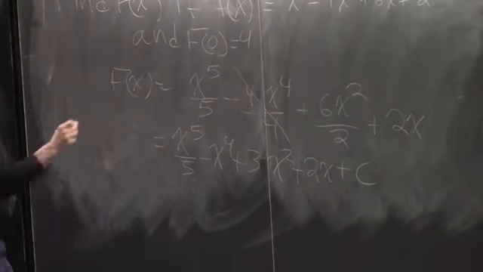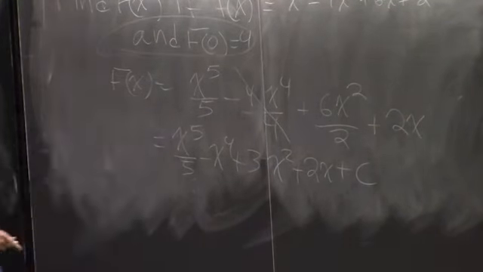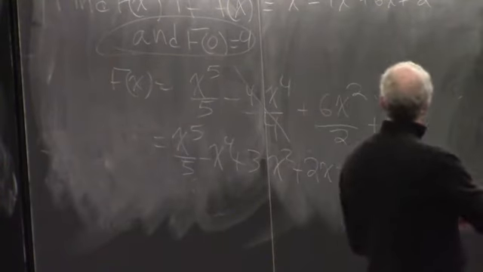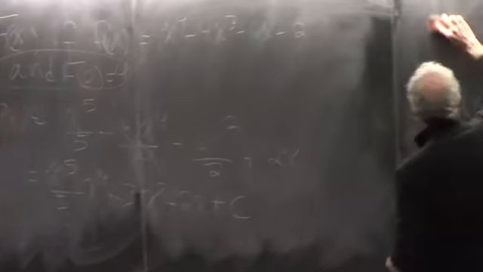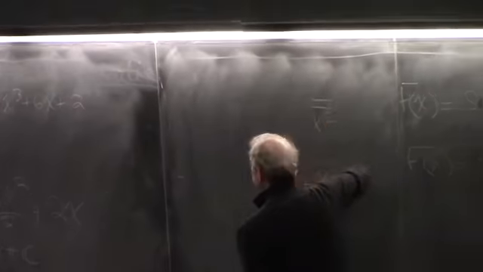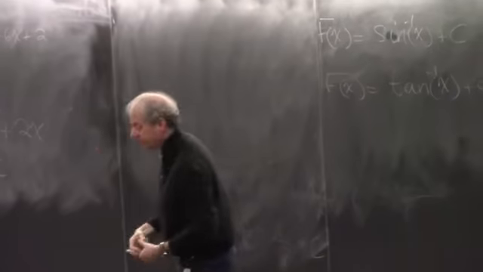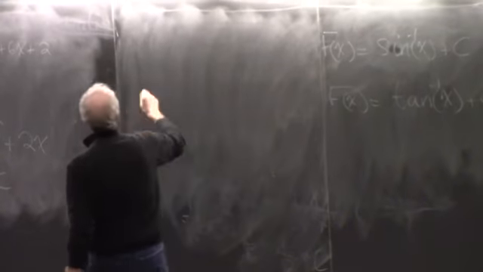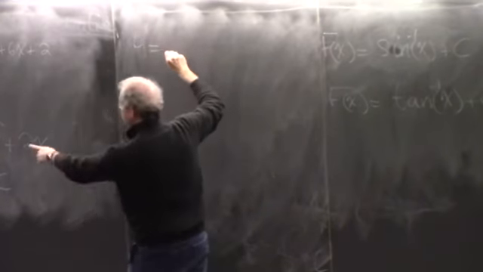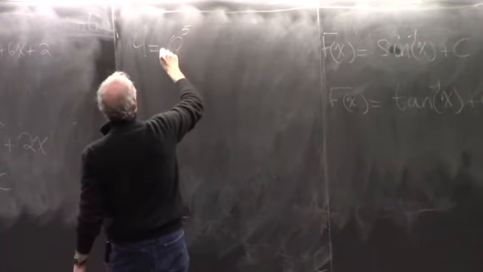Now, this helps us figure out what c is. Because now we know what F of x is in general, and we know that when x is 0, F is 4. So you take 0 and you plug it in.